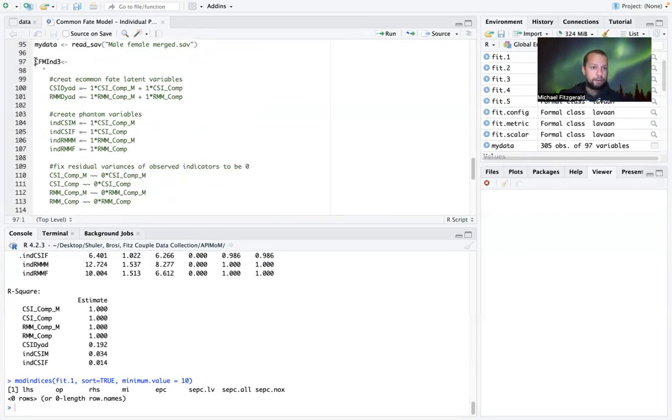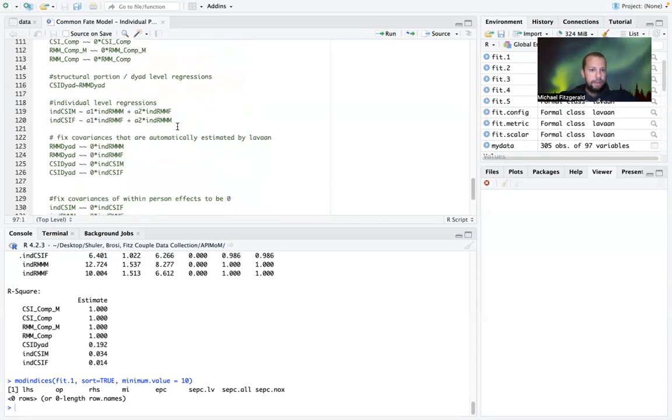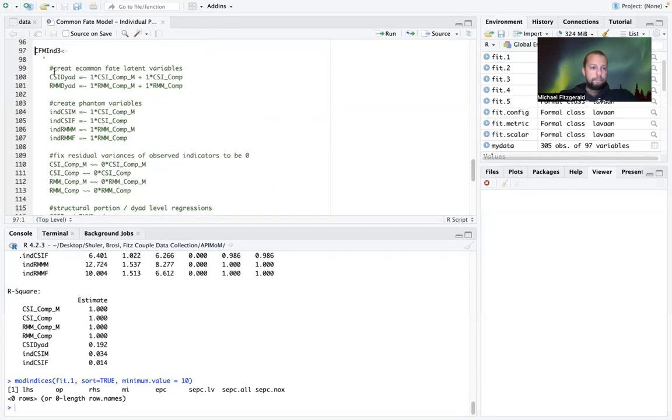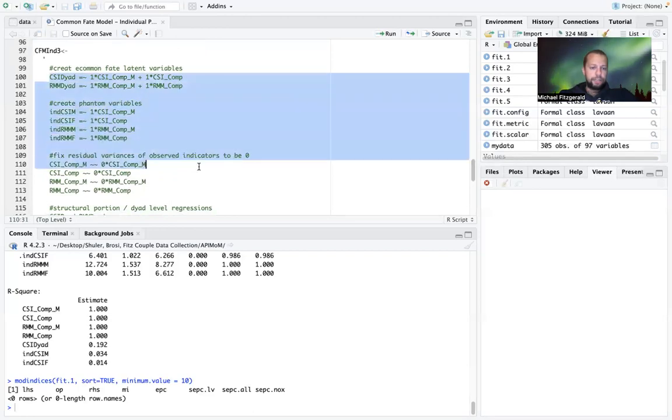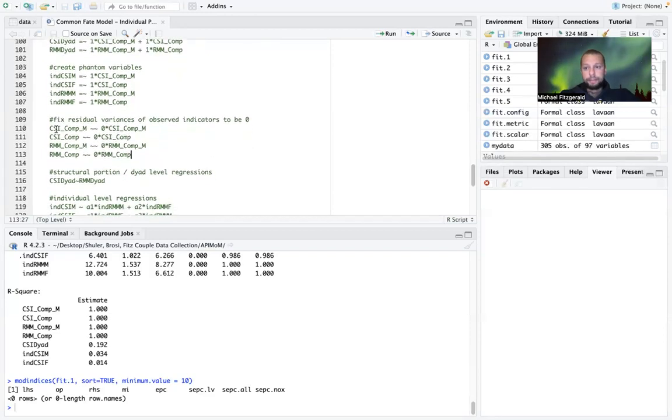And so we're gonna go down here to the third model, and you will see here that everything else up to this point is exactly the same. So nothing has changed in this part of the model. If you are following along with me, you can copy and paste. As a matter of fact, that is how I created this model.